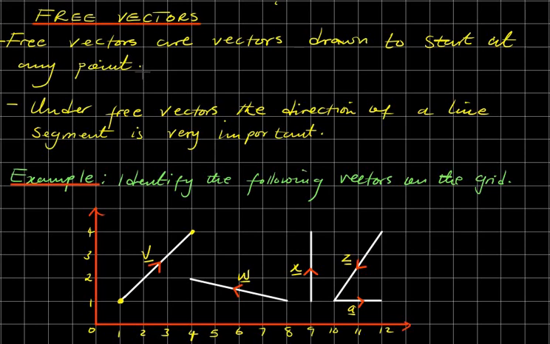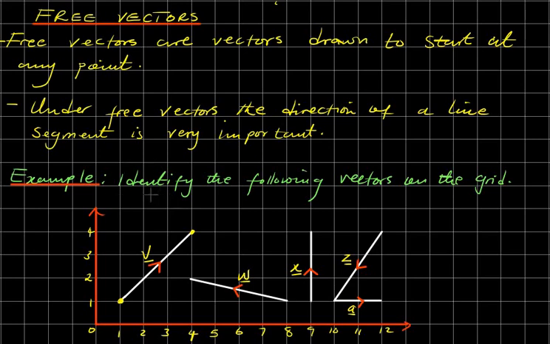Now what is important to note is that the direction of a line segment is very important when we talk about free vectors, especially if you've been asked to write the vectors that have been shown on the grid in column form. Okay, so here we have an example.